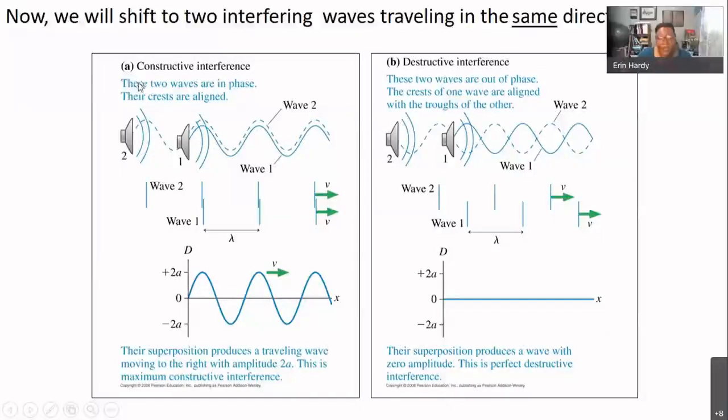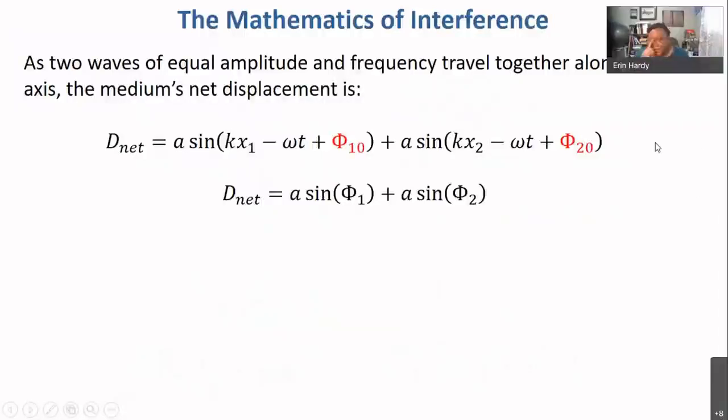But what I want you to pay attention to are the terms constructive interference and destructive interference. In our previous chapter, we learned how to write displacement functions for each of these individual waves. We have, again, our amplitude lowercase a for wave 1. It's going to be sine(kx minus omega t plus phi naught).